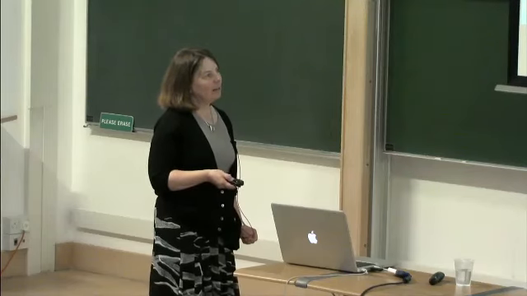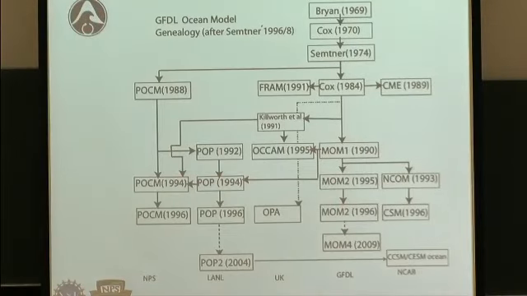A couple weeks ago at the workshop that was held, there was discussion about multi-model ensembles, and I mentioned what I call the genealogy, or what Bert Sentner calls the genealogy of models, and how there's a lot of interrelationship among multi-models. So this is just the ocean model genealogy, basically of the U.S. models, after a figure that Bert Sentner created in the 90s.